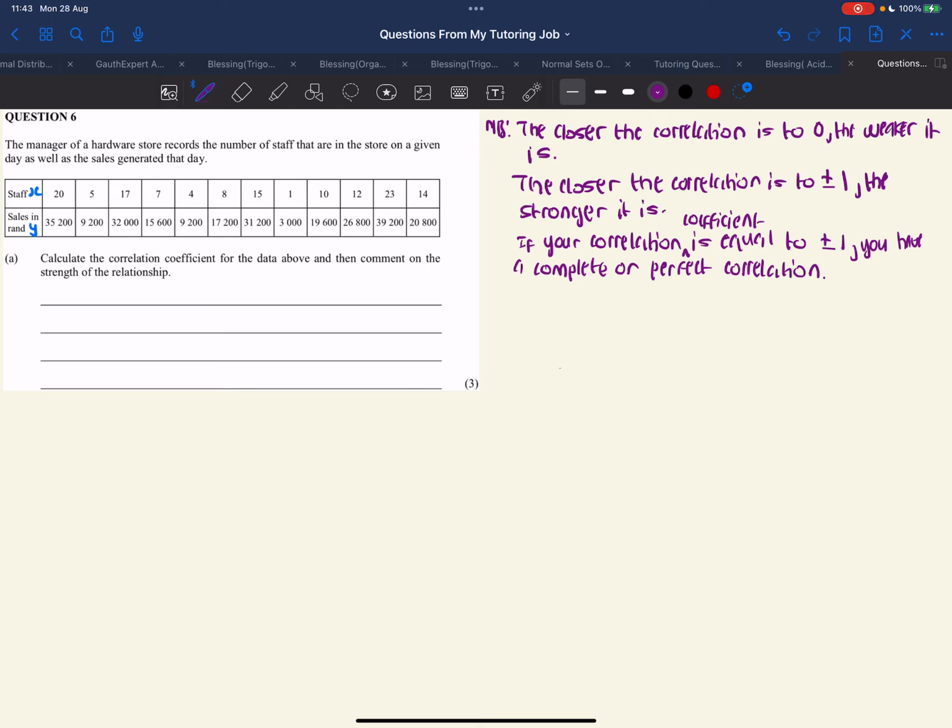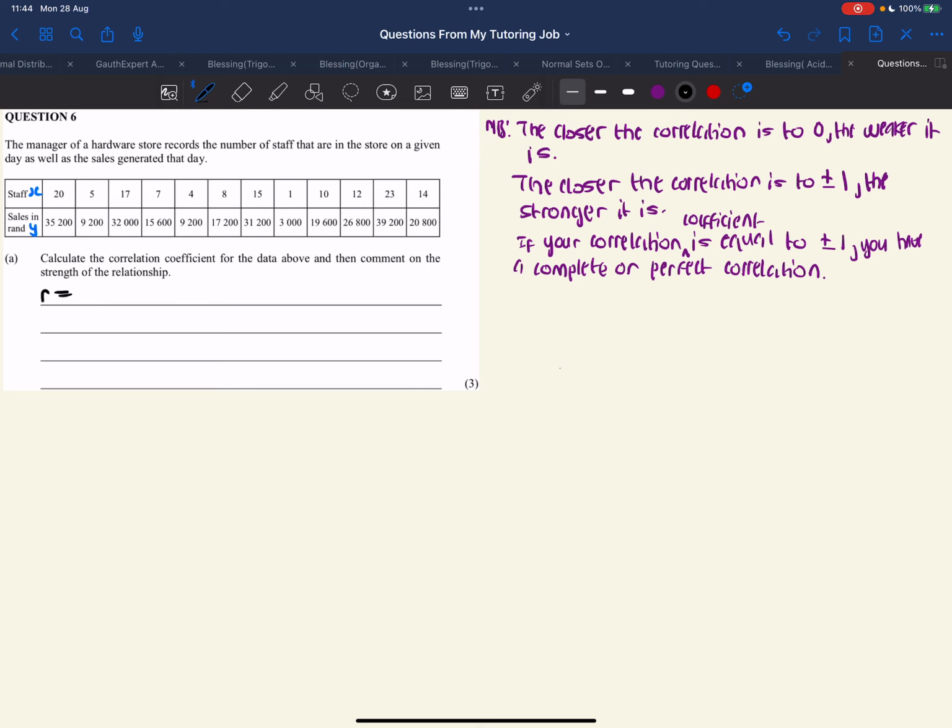All right, now to actually calculate the correlation coefficient, it's given as r, so we need to find r. To do that, we're going to have to use a calculator. Take out your calculator, click on mode, then click on the second option, which says stats.